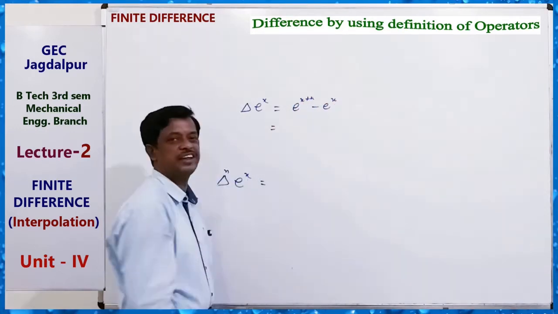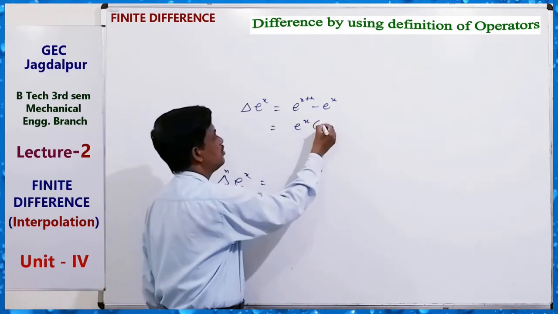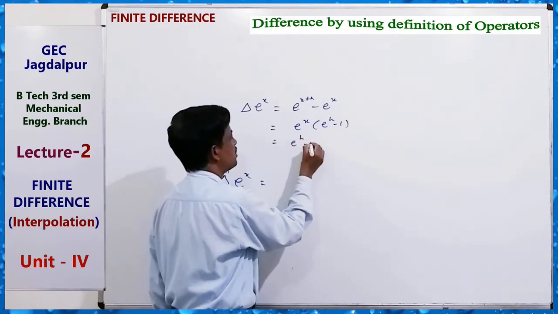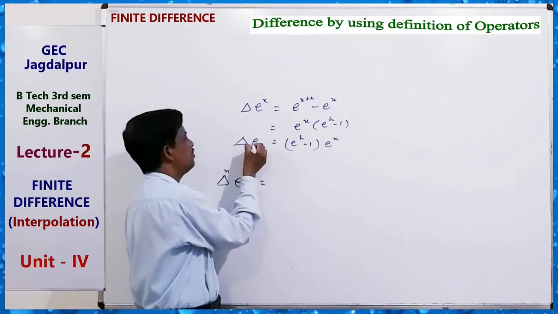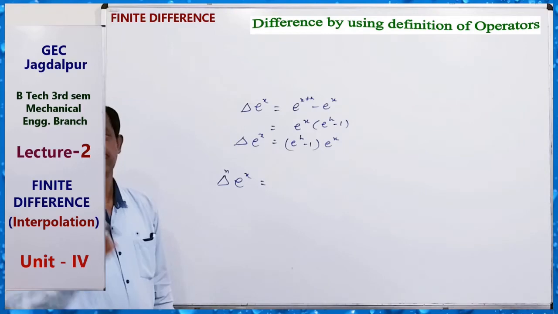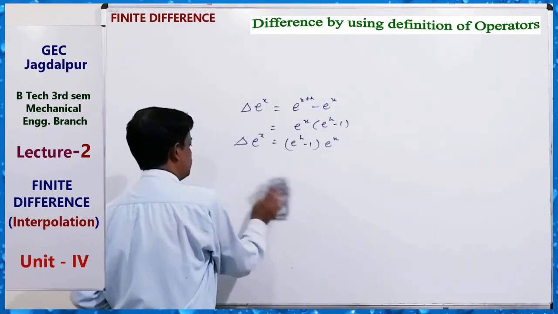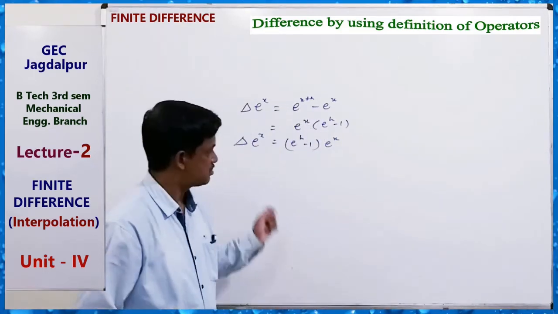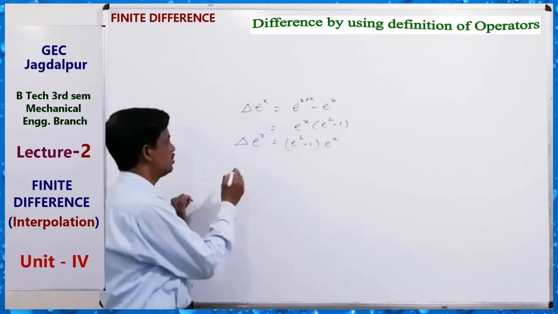Here we can take common e to the power x and e to the power h minus 1. So the constant term is e to the power h minus 1, one time, times e to the power x. These are the constants. Also remember that the operator distributes linearly, and constants can be taken outside of the difference.